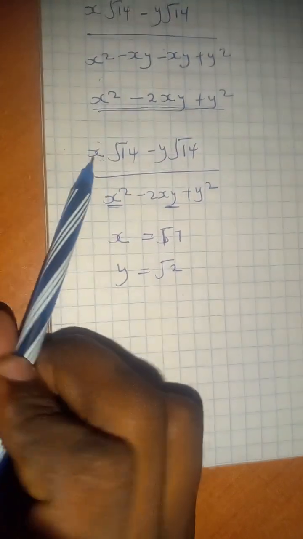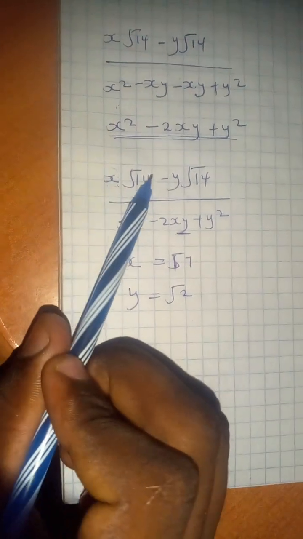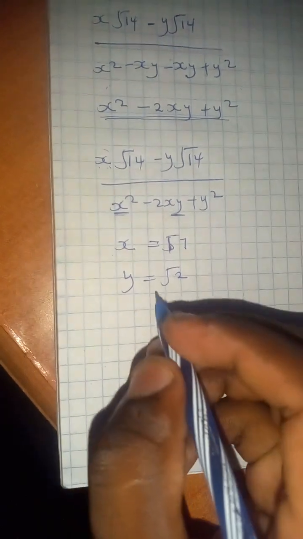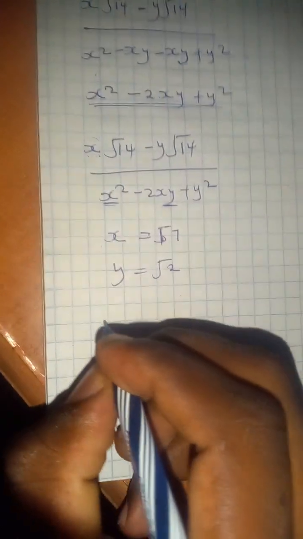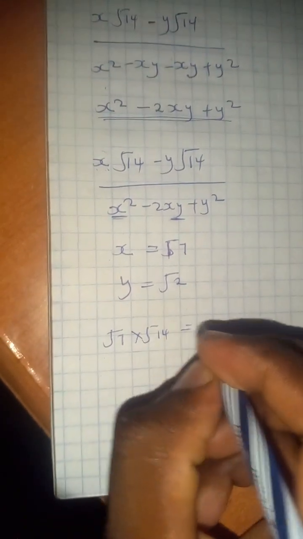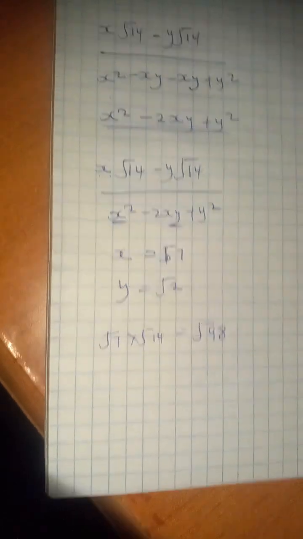So x here will be root of 7. Root of 7 multiplying by root of 14 will give you root of 98.